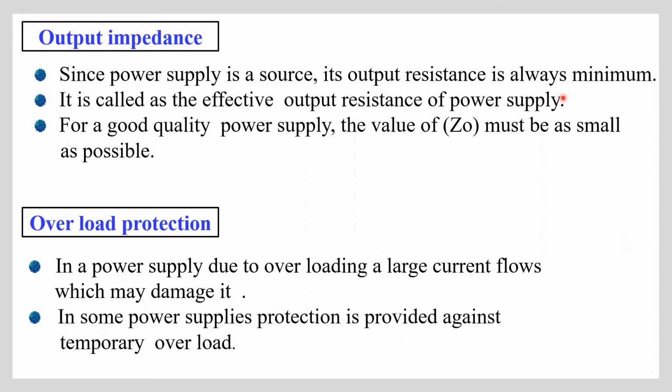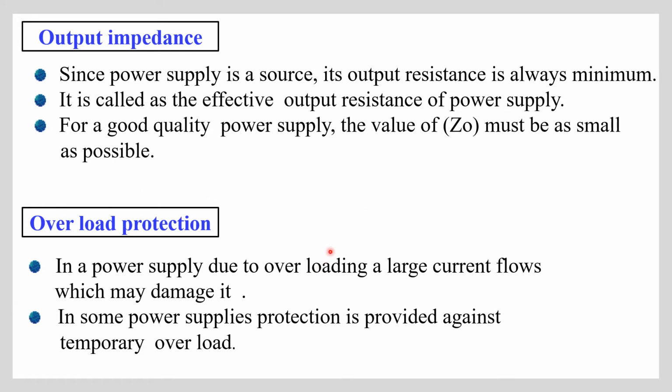It is called the effective output resistance of the power supply. For a good quality power supply, the value of Z0, that is the output impedance, must be as small as possible. The regulated power supply has typical output impedance in milliohm. So it is very less.